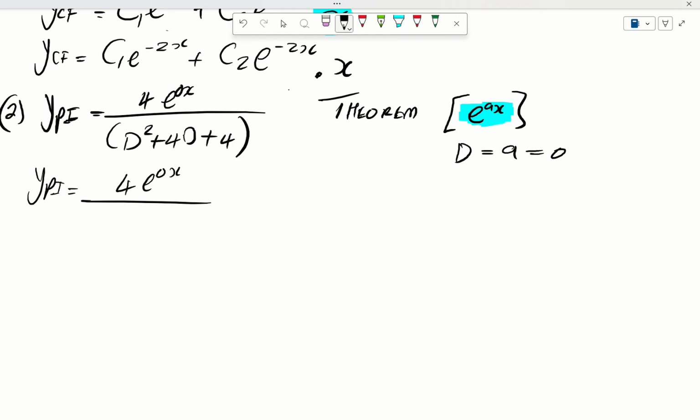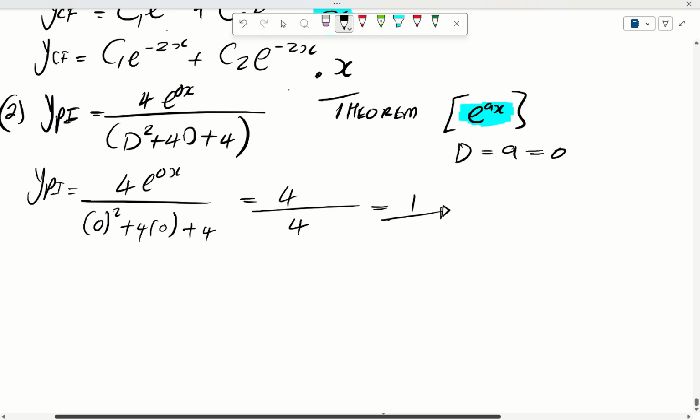We said D is equal to a, which is equal to 0, so where there's D, you put 0. You're going to have 0 squared plus 4 into 0 plus 4, which is equal to 4, times 1, and then divided by 4. So it's 4 over 4, which is equal to 1.